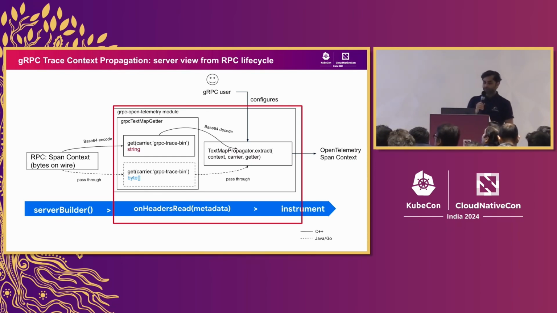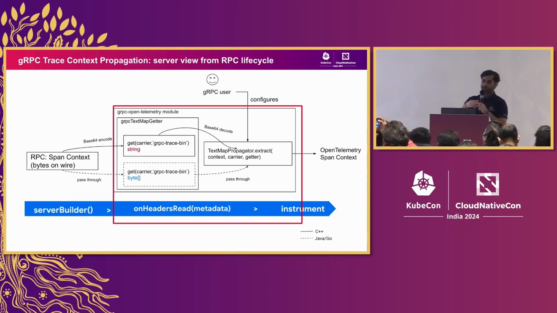So again, the gRPC OpenTelemetry module will have this carrier. Now you can just mirror the previous image where there was gRPC trace bin, there was gRPC propagator and carrier.